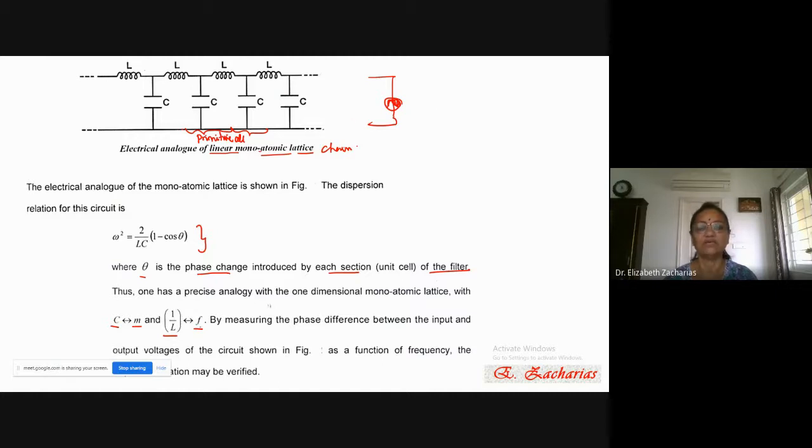When you change omega and see the phase difference theta, you will see that this relationship is valid. It is verified. So this also means that the physical equivalent of this electrical circuit is verified.